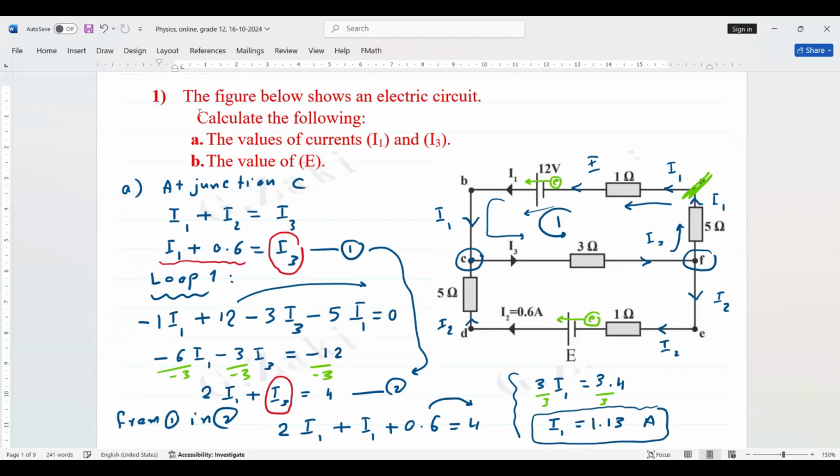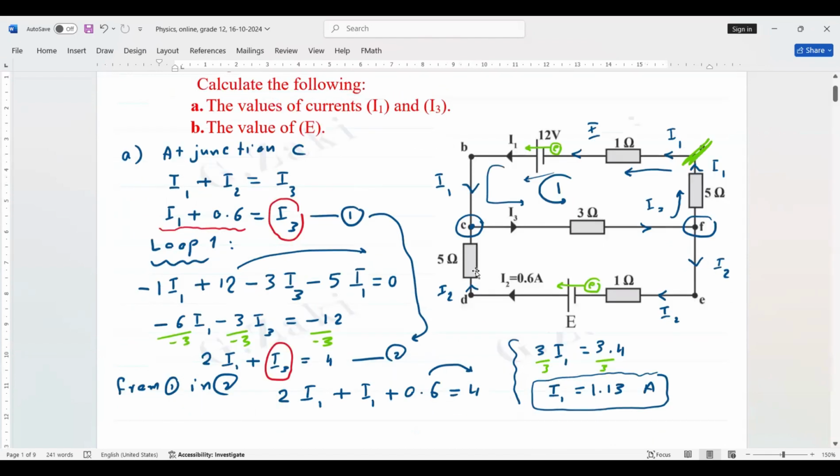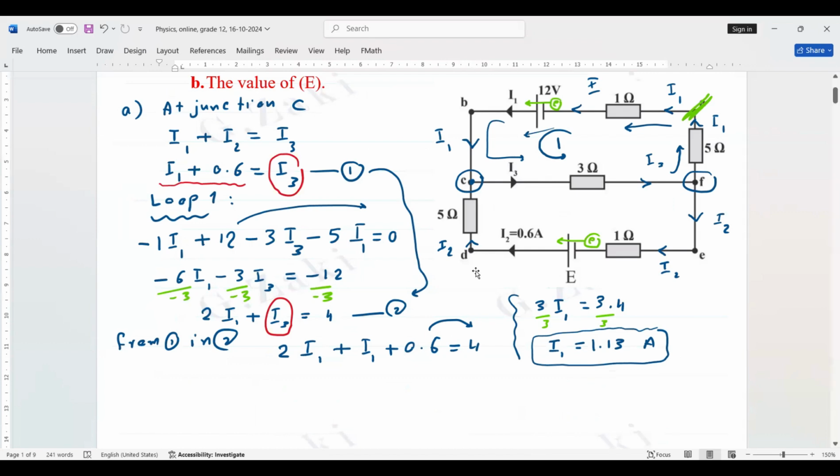We can get I3. Substitute in equation 1. So 1.13 plus 0.6 equals I3.